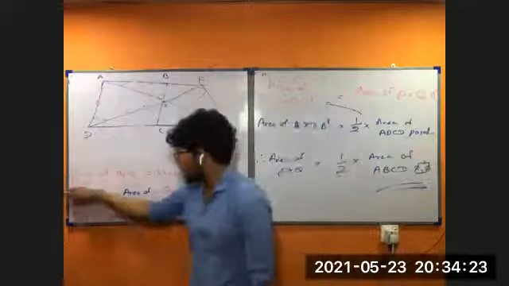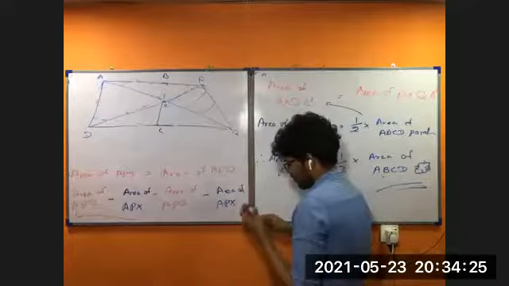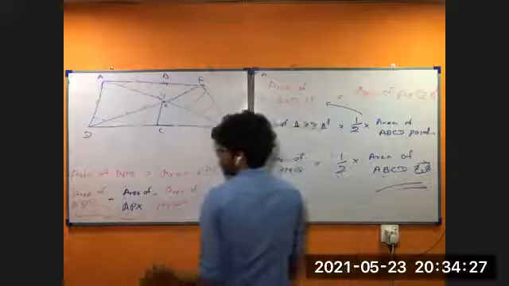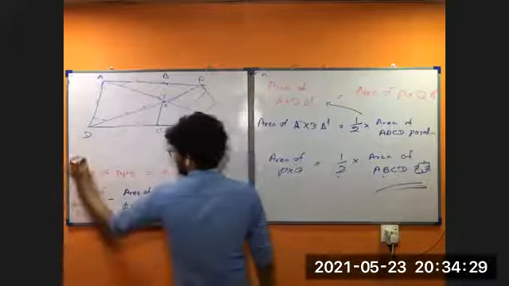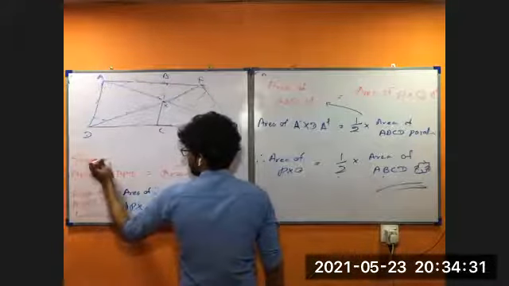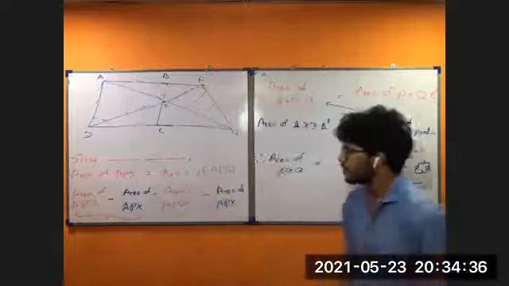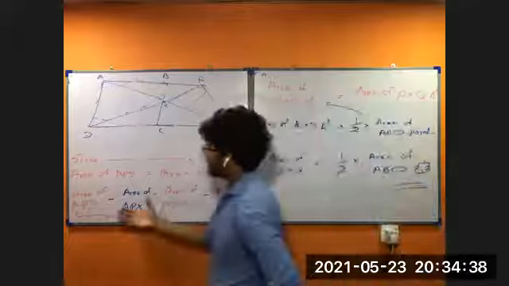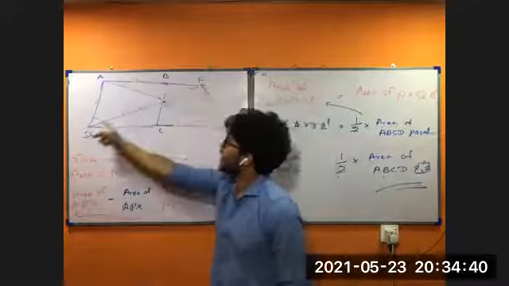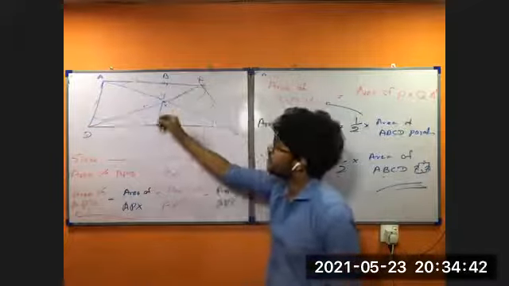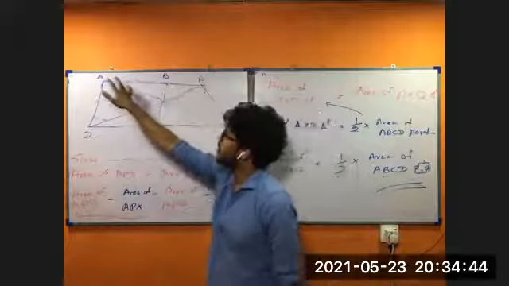So from that theorem, I wrote it here. You should write the reason, okay? Since they are on the same base and between the same parallel lines, I can say this, right?